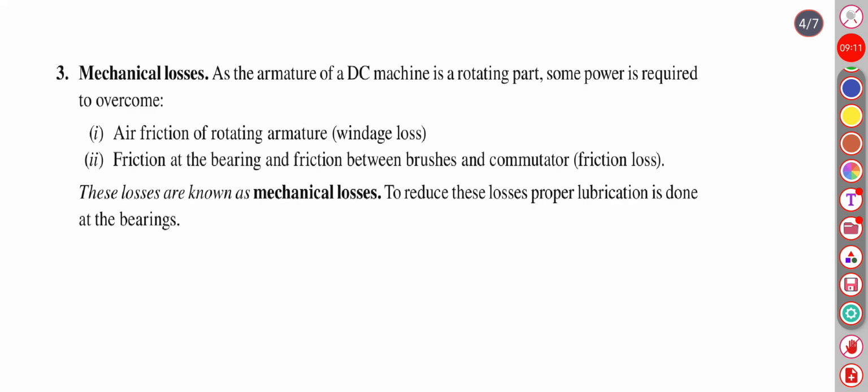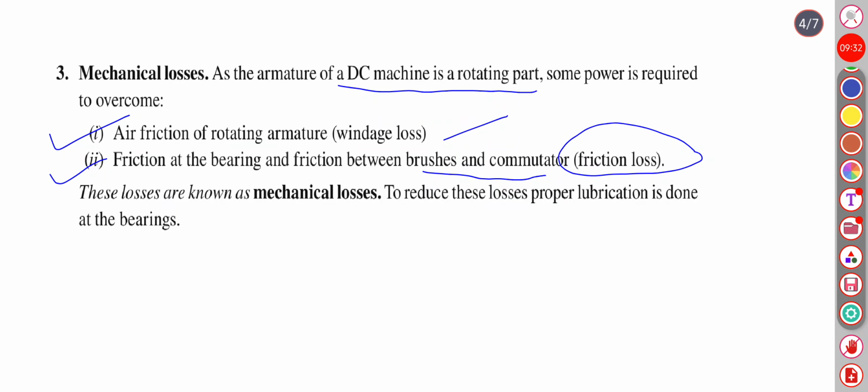Mechanical losses. As the armature of a DC machine is a rotating part, some power is required to overcome air friction of the rotating machine, called windage loss, and second is friction at the bearings and friction between brushes and commutator, called friction loss. These losses are known as mechanical losses.